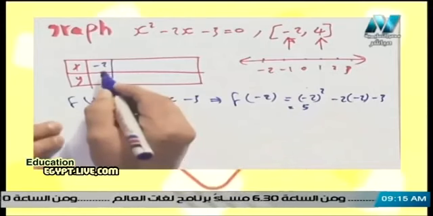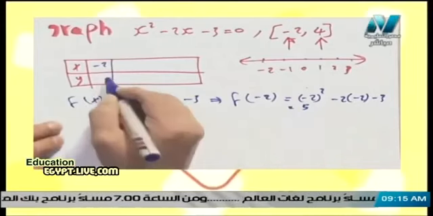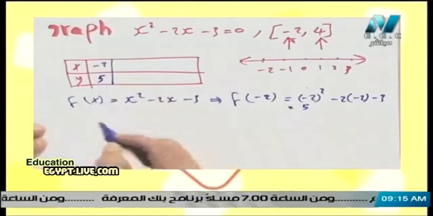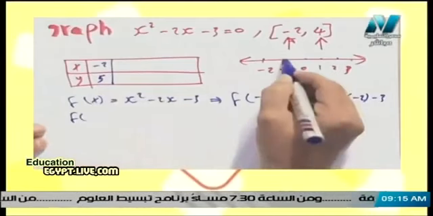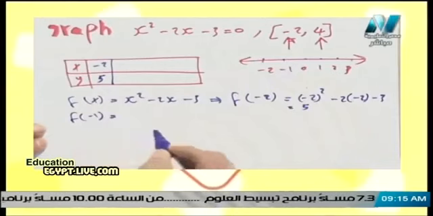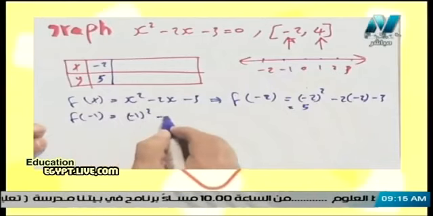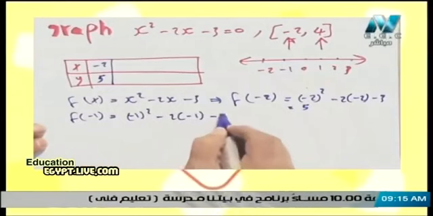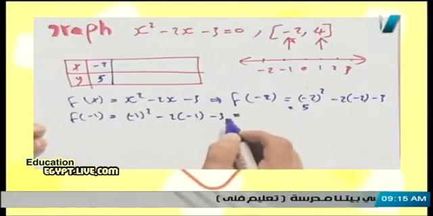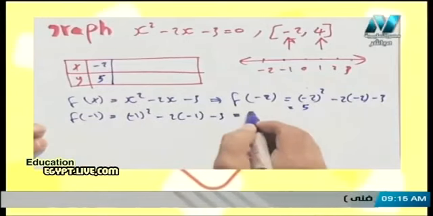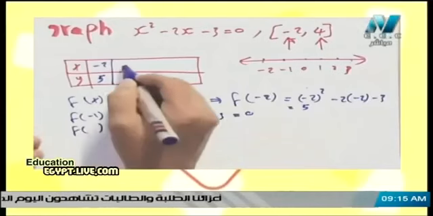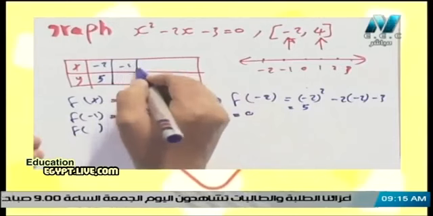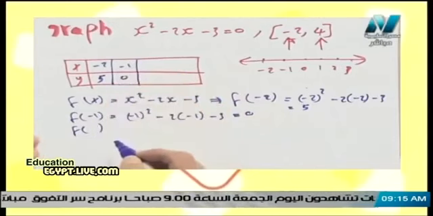So at x equal -2, the function equals 5. Then we have to find f(-1): (-1)² − 2 × (-1) − 3, and the answer will be 0. This is -1, y is 0.